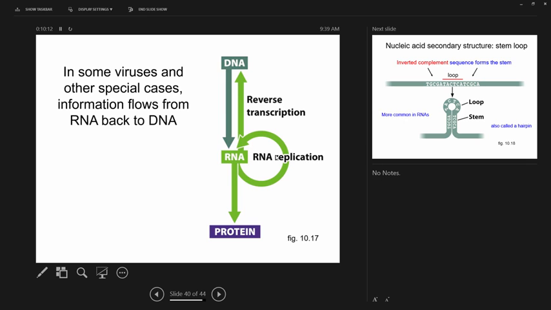The only exception that I'm aware of to this rule is that some DNA viruses will have the same areas code for more than one gene. And the reason is because of what we talked about earlier, that limitation in the size of the genome of bacteriophage or viruses is the size of the capsid.